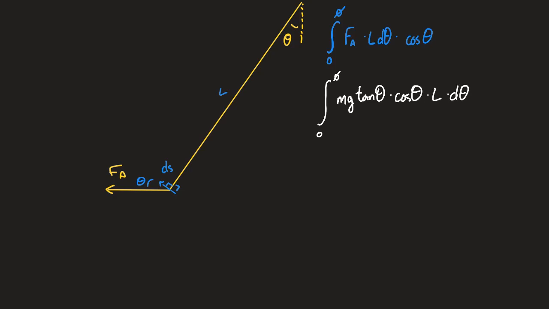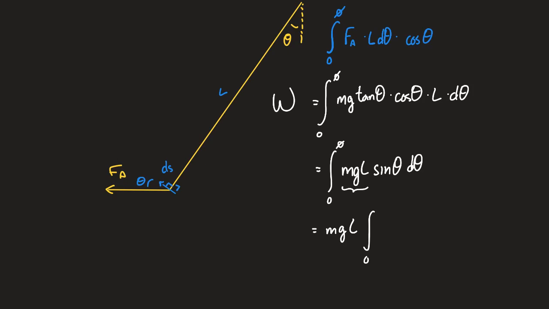Well, as we do the work here, I hope that you all see that this is going to be mgL sine theta d theta. Tangent times cosine is sine. These stay the same the whole time, so we'll pull that out front. mgL from 0 to phi of sine theta d theta.